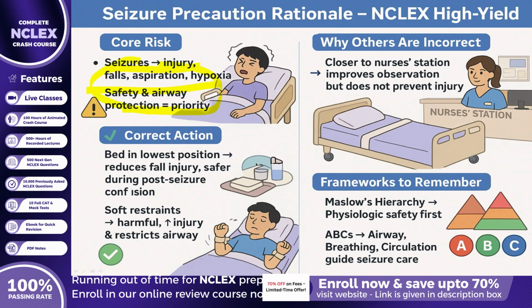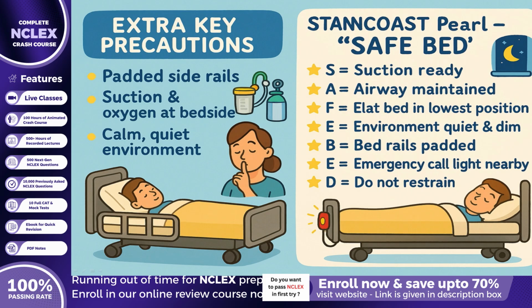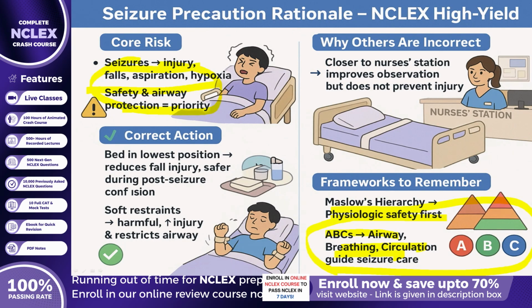According to NCLEX frameworks such as Maslow's hierarchy, where physiologic safety is prioritized before psychosocial comfort, and the ABCs, airway, breathing, and circulation, our interventions must first eliminate hazards and create conditions for rapid airway access. Lowering the bed directly reduces the chance of severe injury by minimizing the height of a potential fall and provides a safer environment both during seizure activity and afterward when the client may be confused or weak.